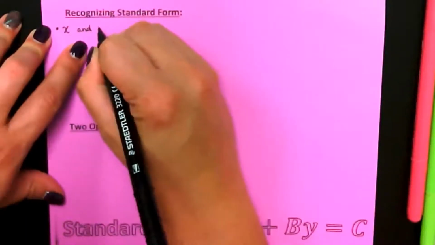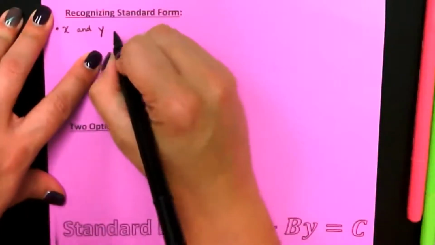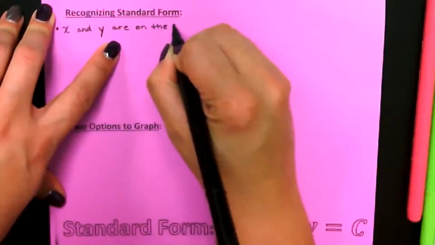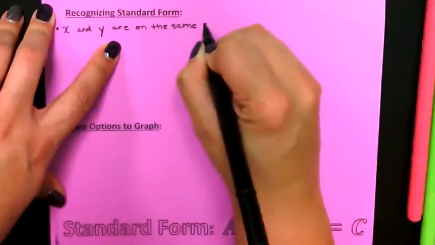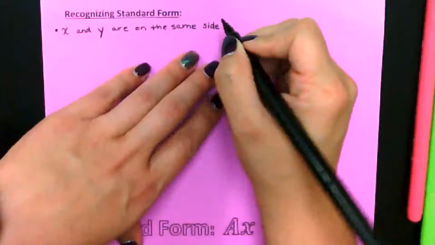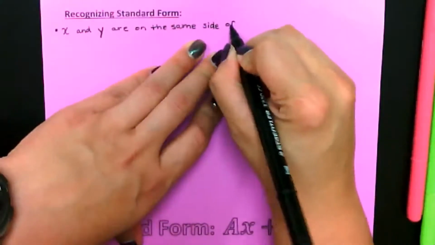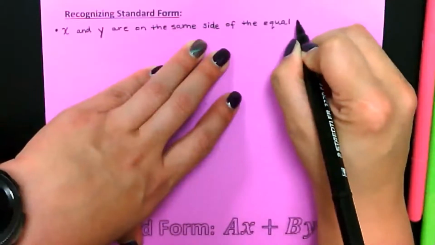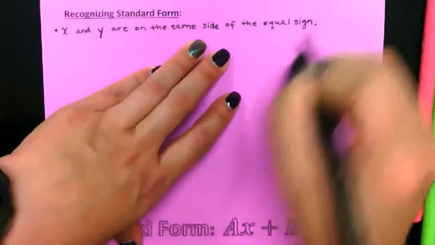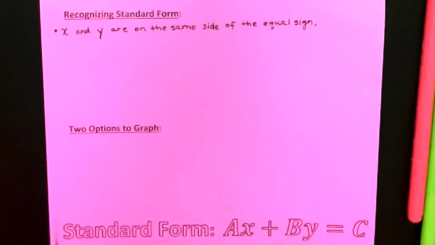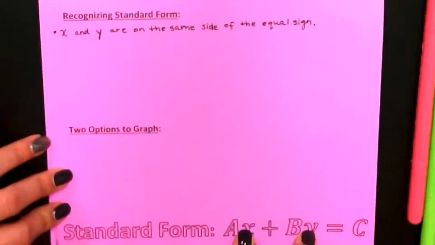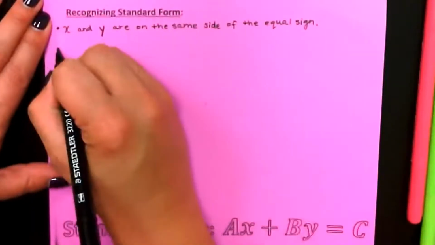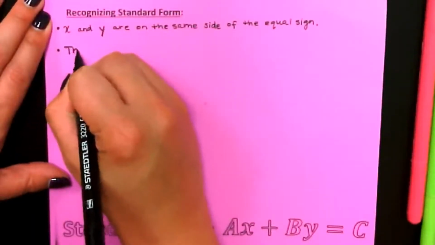X and Y are on the same side of the equal sign. And that's kind of different from before. Okay, so you'll notice X and Y, they're right there. Just like I said. Okay, next, sorry.